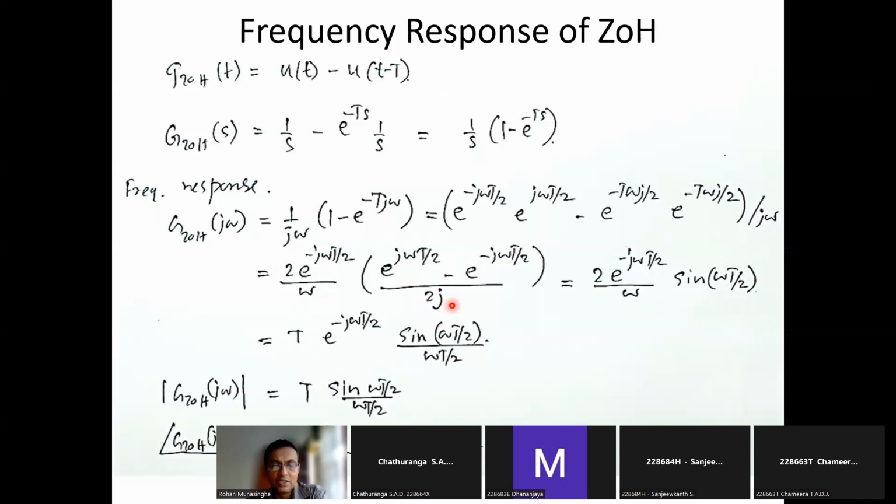That's another way of writing sine. So sine omega T by 2 over omega. So now j is only in this exponent here, j omega T by 2. So this term will tell you about the phase, this j term, and the other terms will tell you about the magnitude. So they're both frequency dependent.